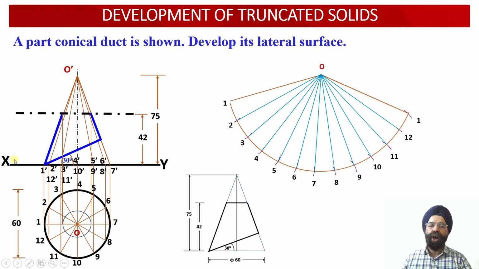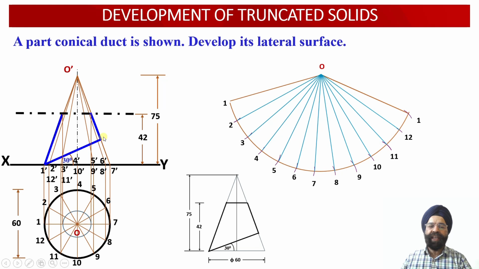So now we know that this auxiliary inclined plane, which is inclined at an angle of 30 degrees with respect to the base, passes through the point 1 of the base. So this plane has intersected all the 12 slant generators of this particular cone.